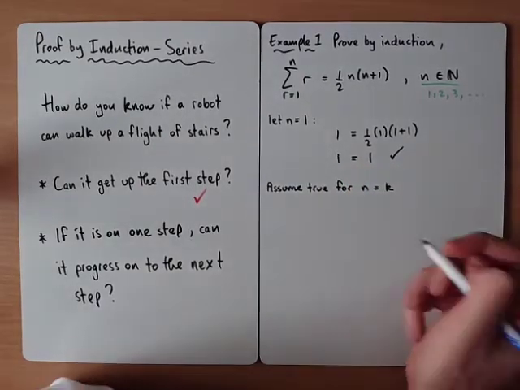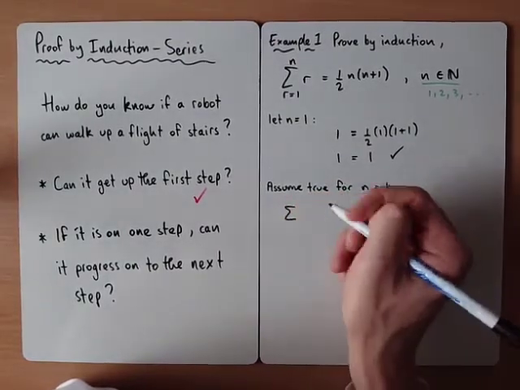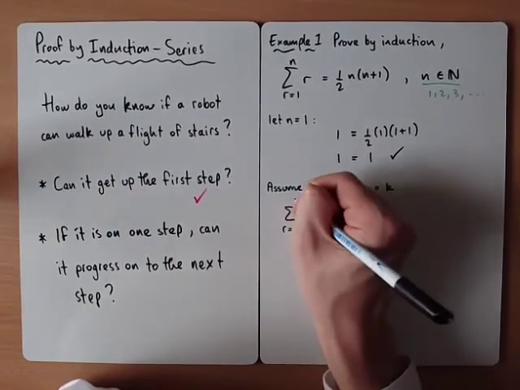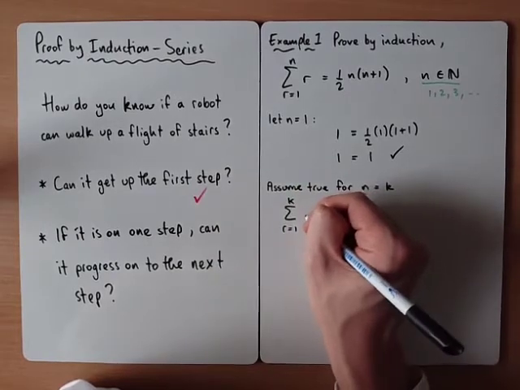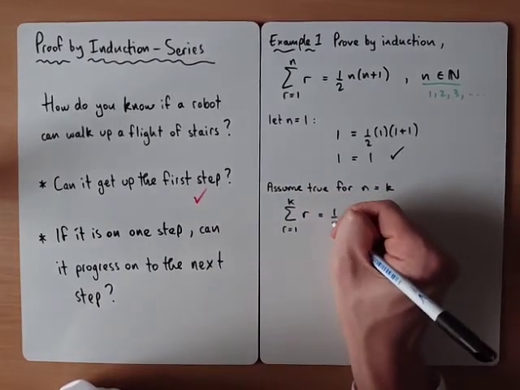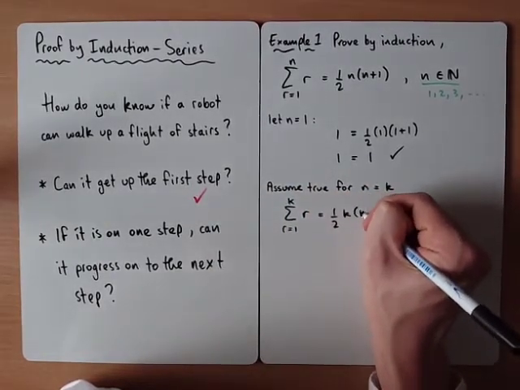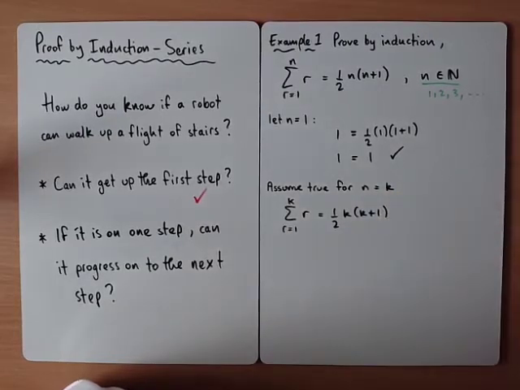For n equals k. So I'm going to state, well, the sum of the first k terms is going to equal 1/2 k(k plus 1).